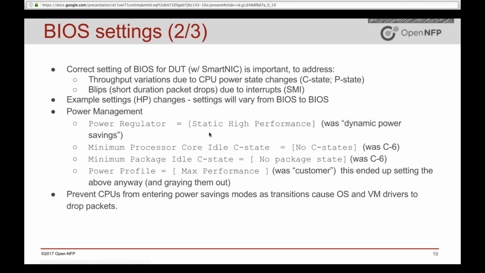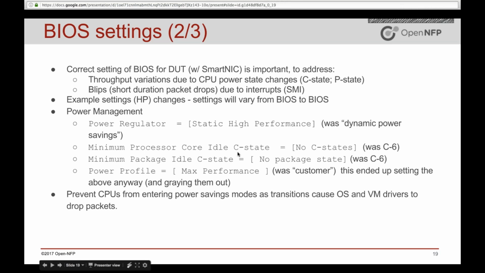Here we're listing some of the typical things that you might see in the BIOS. Now, BIOSes vary. One BIOS manufacturer may have different terminology or different settings available, so it's going to depend very much on the system that you have available. Here we set the power regulator to static high performance, while it was originally set to dynamic power savings.